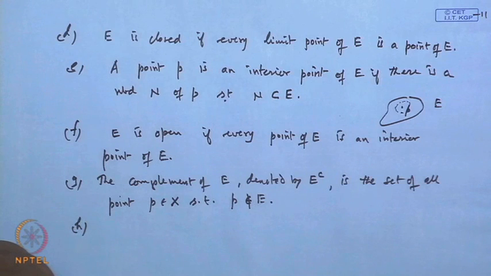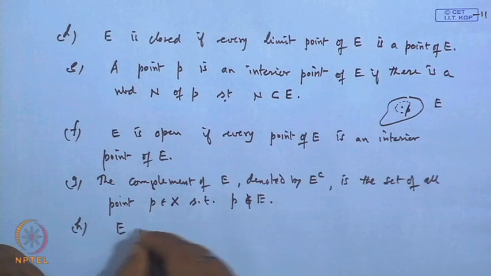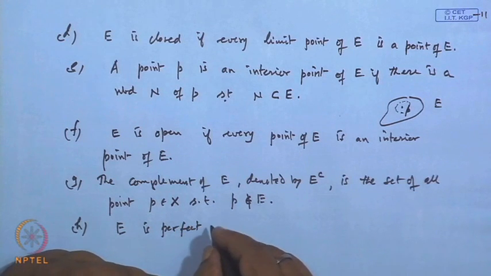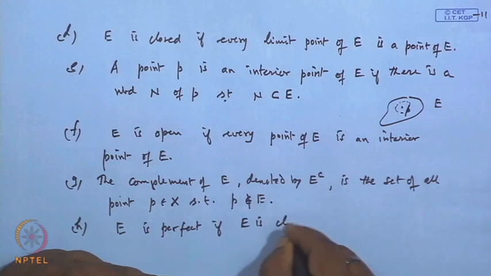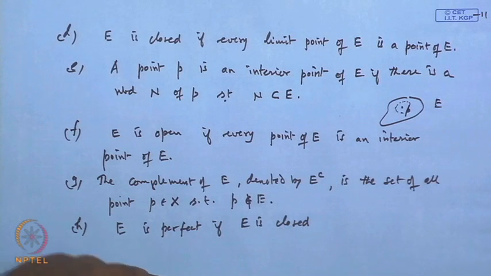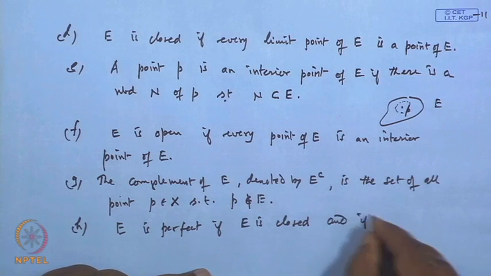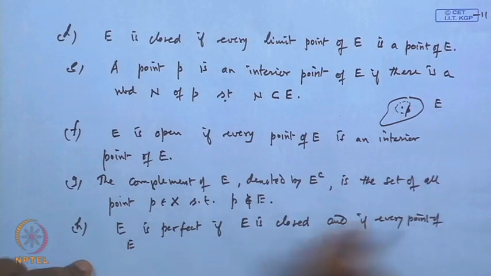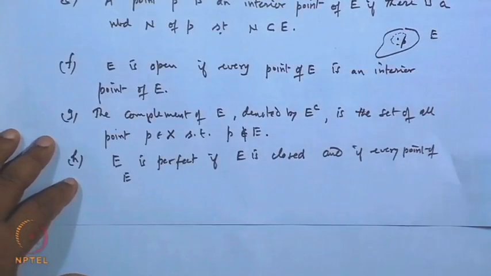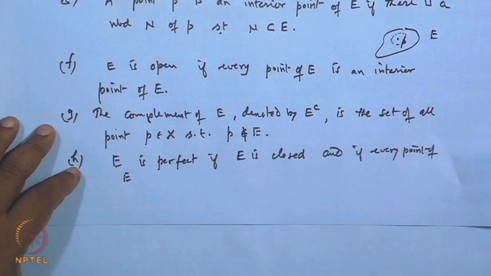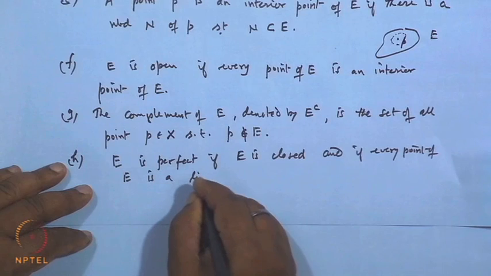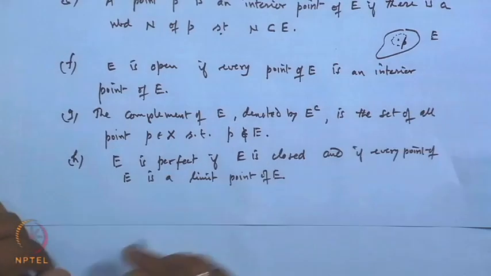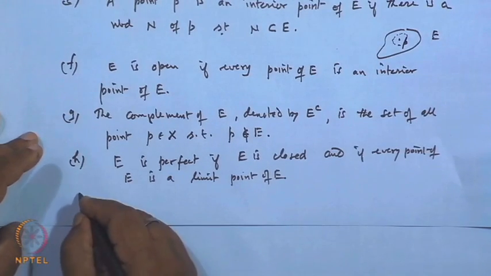A set E is said to be perfect in a metric space X, d if E is closed and if every point of E is a limit point of E. A bounded set we have already discussed.